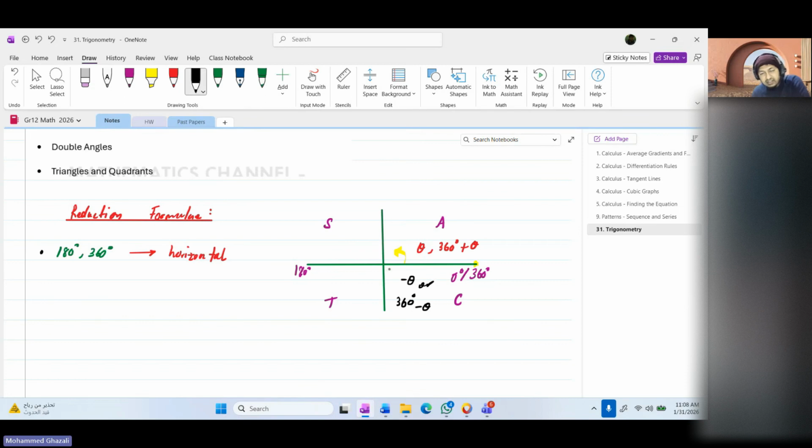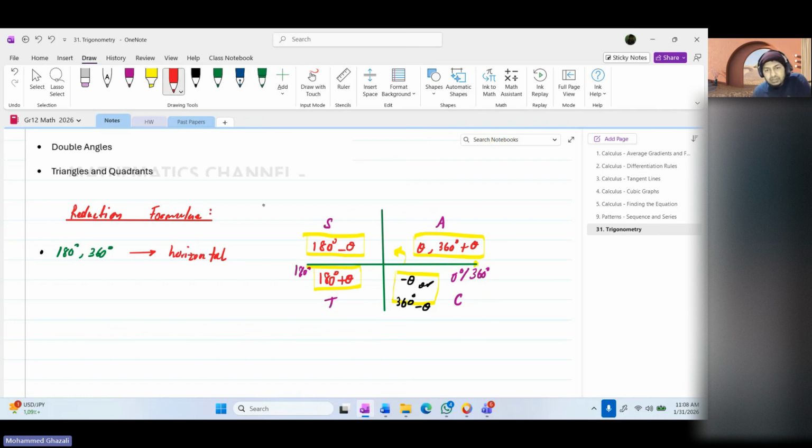What if you're going before 180? That will just be 180 minus theta. After 180 is 180 degrees plus theta. That's it. So these are the four angles that you need to consider: 180 minus theta, 180 plus theta, and negative theta and 360 minus theta.